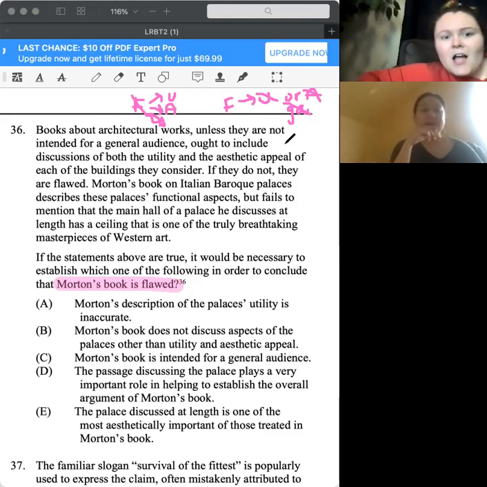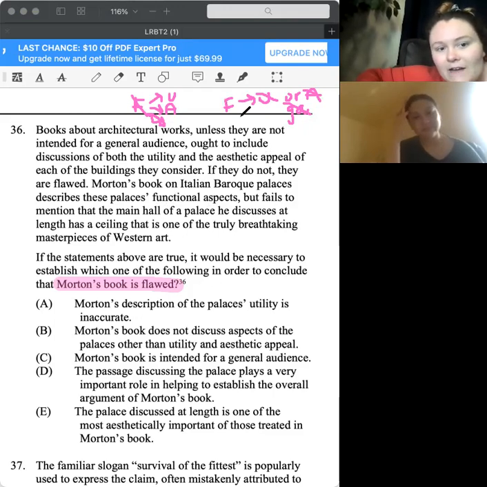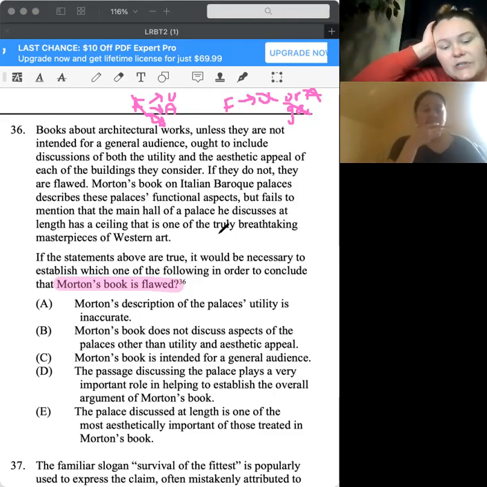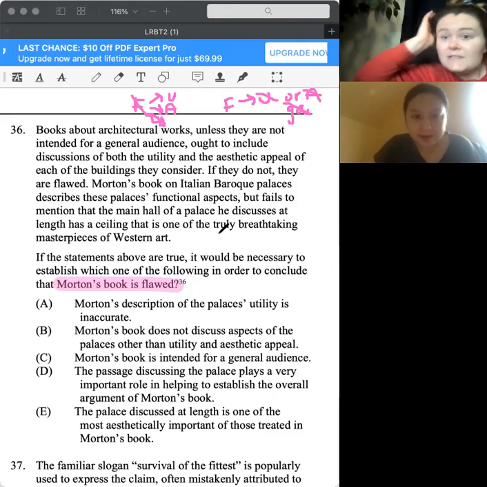So what we know about the Morton book is that it describes these palaces' functional aspects. So we have one, but we don't have the other. So what has to be true in order for it to be flawed? Let me actually reread it.